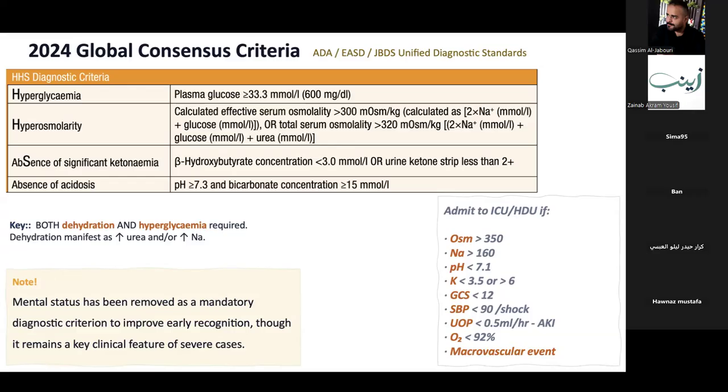They have renal shutdown with oliguria and severe AKI, and they are hypoxic, with a background precipitate being a macrovascular event. So anyone with such criteria is considered to have severe HHS, and they cannot be managed in a normal setting. They need higher care settings, whether it's HDU or ICU.